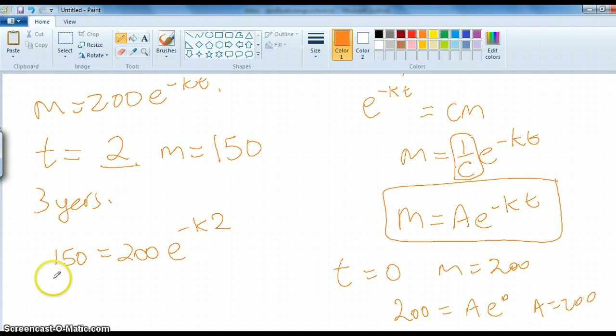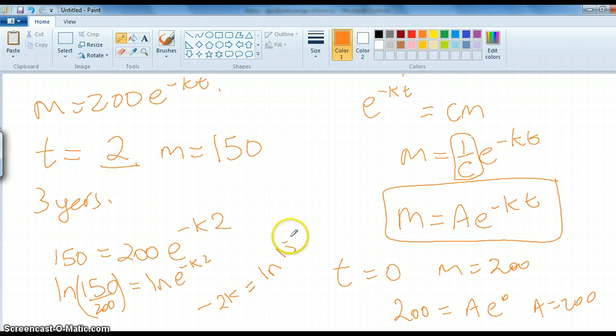So if we take the log of both sides, we get 150 over 200, divided by 200 first, equals log of e to the negative k2, which of course means that negative 2k equals the natural log of 150 over 200.